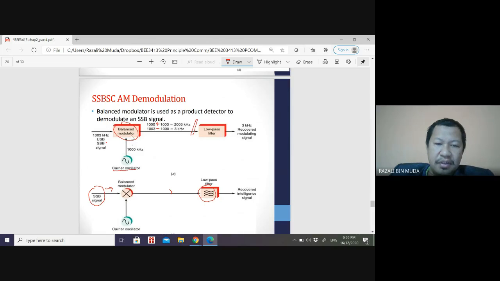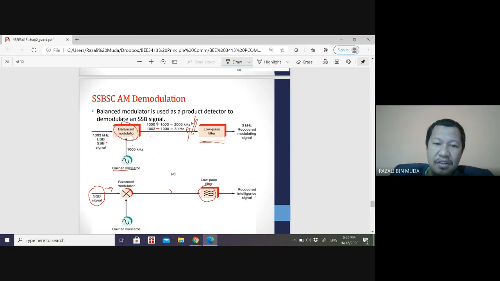After that, both signals go through a low pass filter, which removes the high frequency signal, and you get the low frequency signal, recovering the modulating signal, also known as the intelligence signal, or the voice.